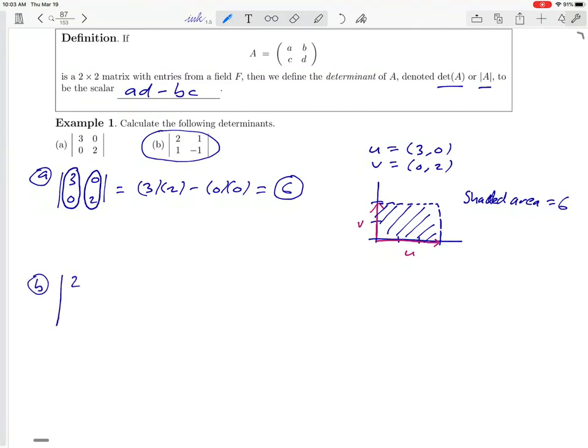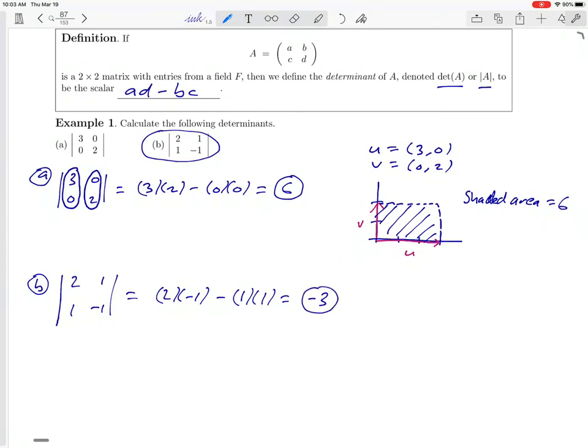Okay, same process as before. Okay, so starting from our matrix, we're going to take 2 times negative 1, those are the main diagonal entries, minus 1 times 1, the off diagonal entries. This time, if you do the arithmetic, minus 2 minus 1 is negative 3, and so negative 3 is our determinant.